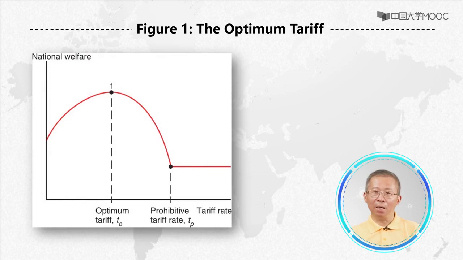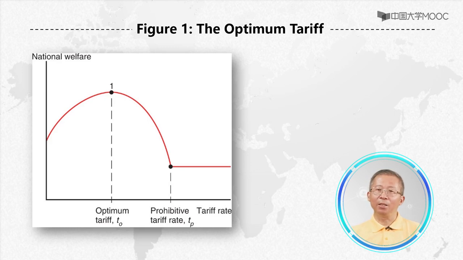For a sufficiently small tariff, the terms of trade benefits could outweigh the costs. Thus, a large country's welfare is higher than with free trade. Look at figure 1. As the tariff rate is increased, however, the costs eventually begin to grow more rapidly than the benefits, and the curve relating national welfare to the tariff rate tends down.